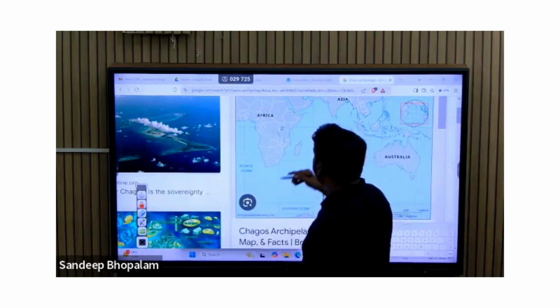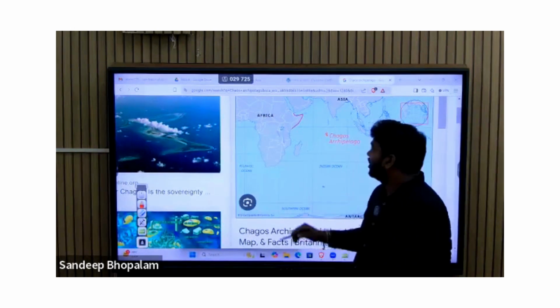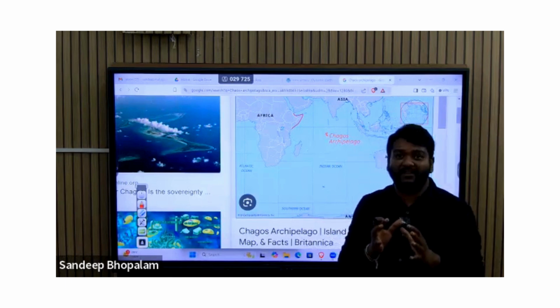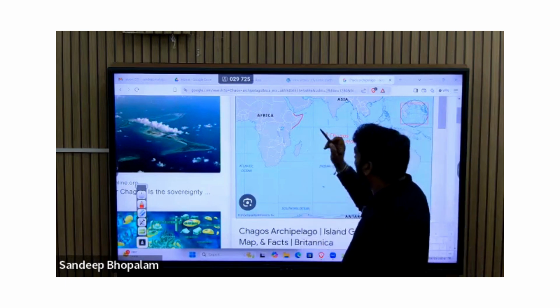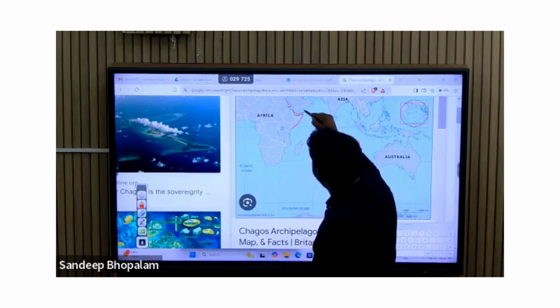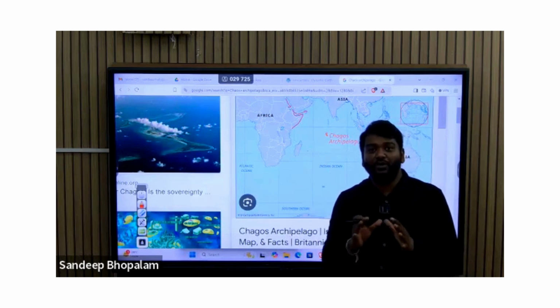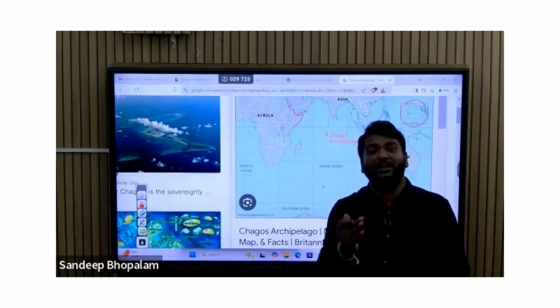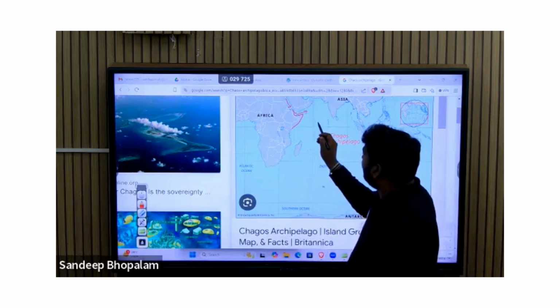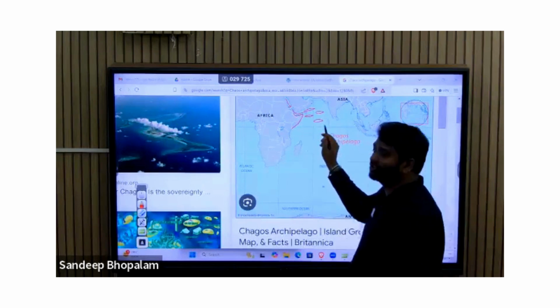Now, second important thing, can you see this particular part, this is your Somalia. Okay. In Somalia, pirates are there. Somalian pirates we call them. And whenever any ships come, Somalian pirates will catch them. And they ask for more money. So, to fight against Somalian pirates, many countries are present in this region.